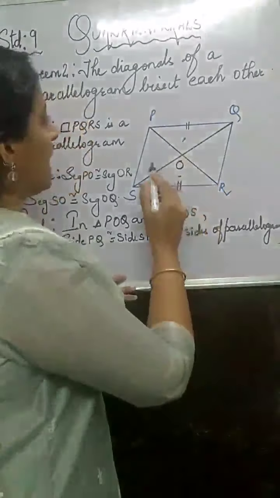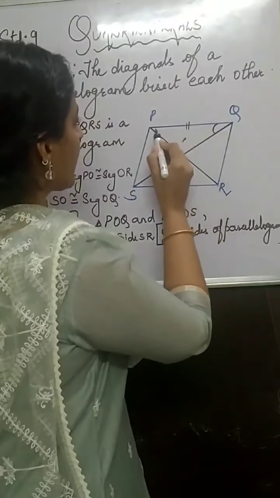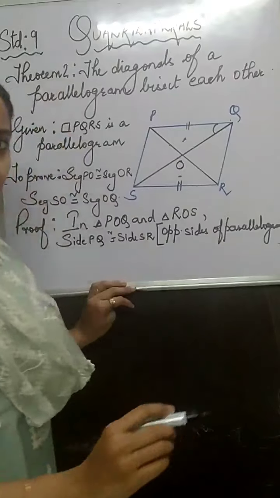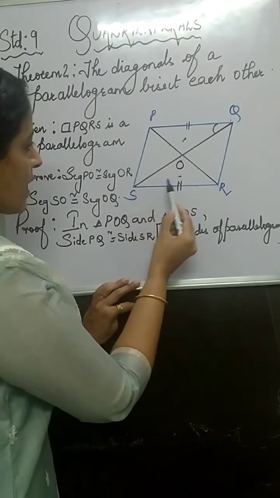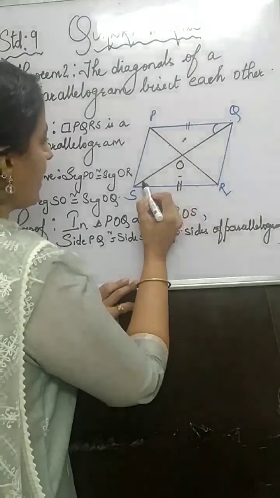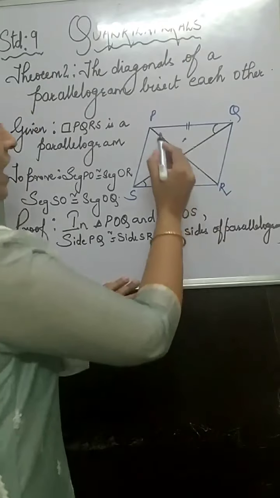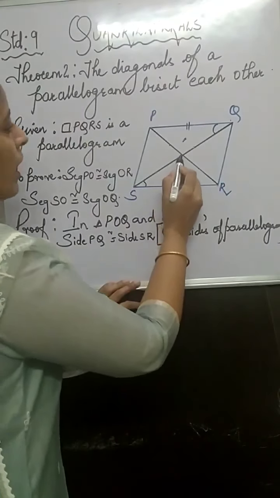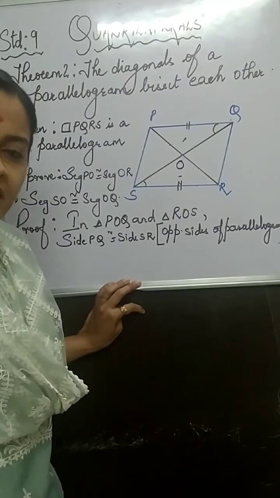If these two are parallel, then we can see alternate angles. The alternate angles are PQO and OSR, so this angle and this angle. I have mentioned it. Angle PQO is congruent to angle OSR because they are alternate angles.